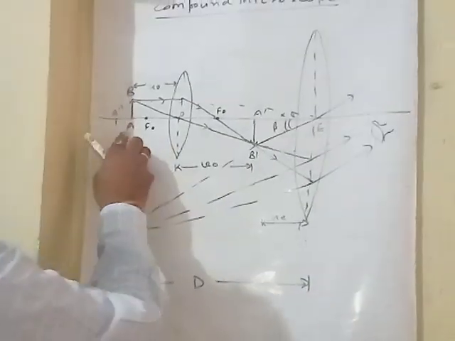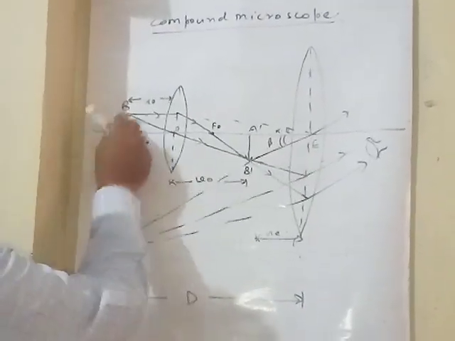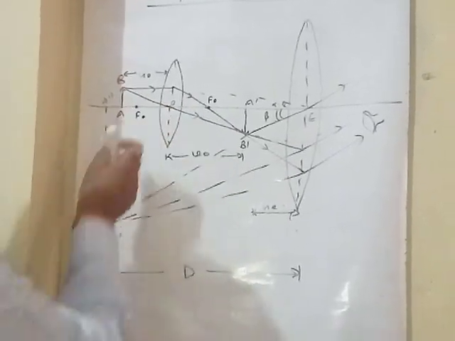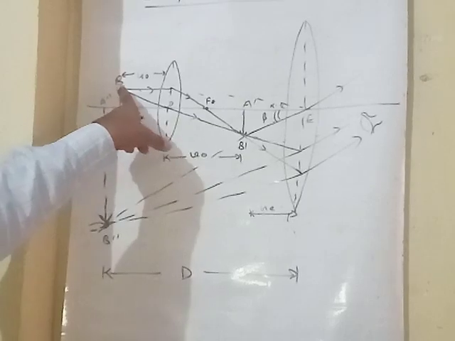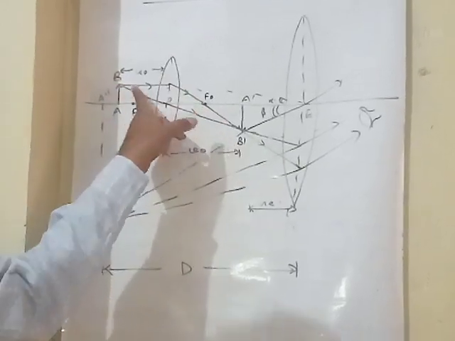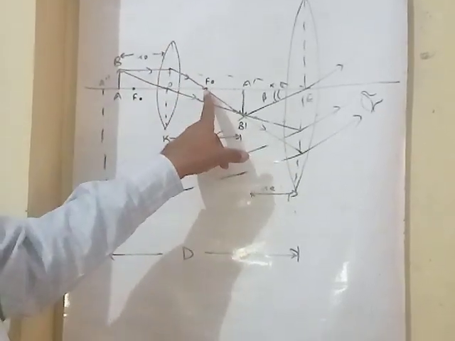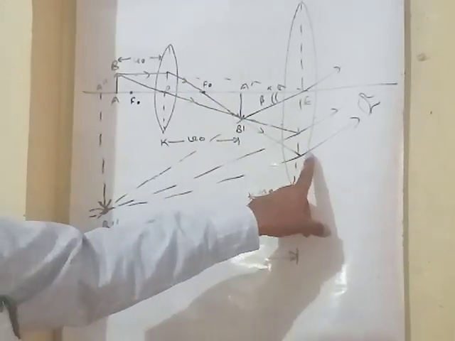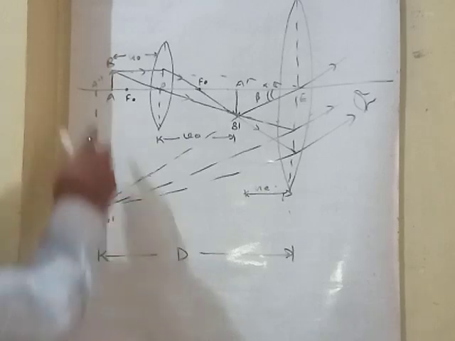Let an object AB be placed in front of the first lens, the objective, at a small distance from the objective lens. A parallel ray of light is incident on the first lens. After refraction, it passes through the focus of the objective and is again incident on the eye lens.